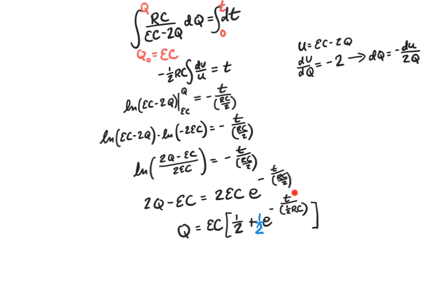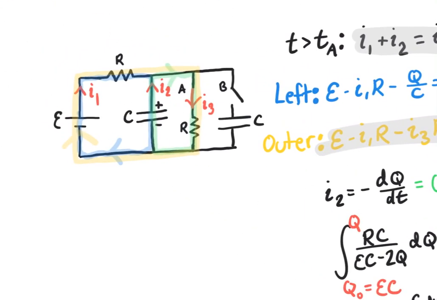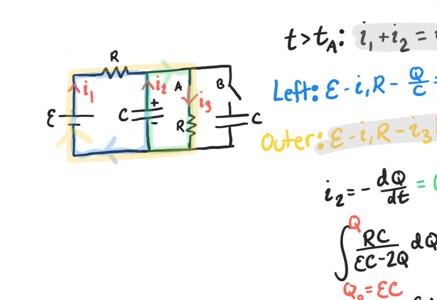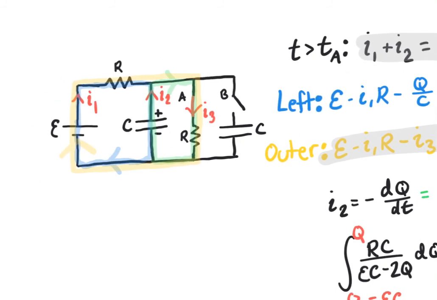Then, as time goes on, this term becomes smaller and smaller, approaching 0, and we're left with half of the original charge, which makes sense because if we look at our circuit here, when this capacitor finally returns to equilibrium again, each of these resistors will have half the voltage of the battery, which means this capacitor in parallel with this resistor will have half the voltage of the battery. And if it has half its previous voltage, then it should also have half its total charge. So qualitatively, that makes sense as well.